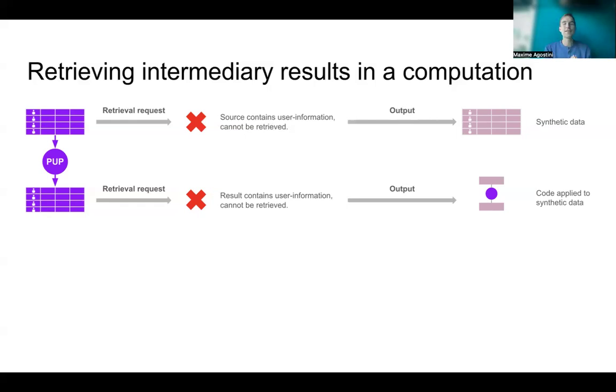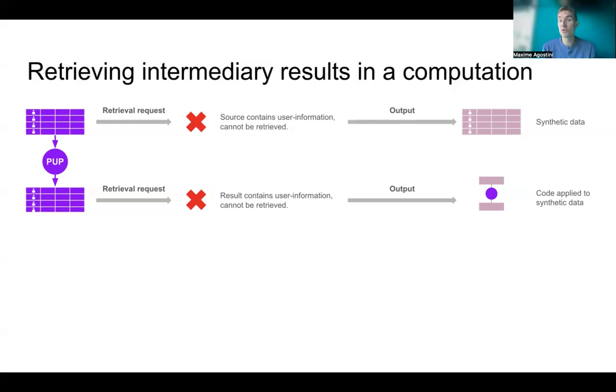You're not allowed to see this. So if you retrieve this second object, what you get in return is the synthetic data transformed by this transformation. You take synthetic data as input, apply this transformation to it, except for removing the names and whatnot, and you get a synthetic version of the output.